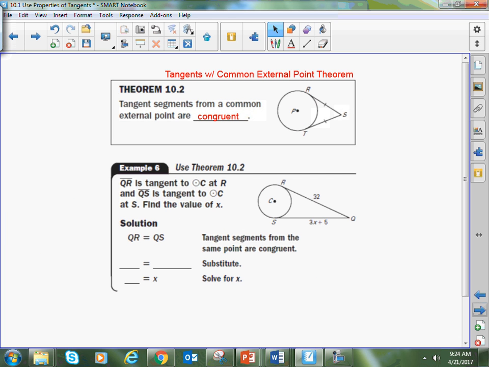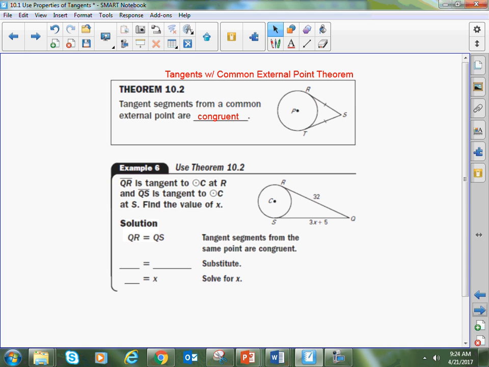Now the next property that we're looking at here for tangent lines is that we have tangent segments of circles that have a common point of intersection outside of the circle. And what we saw in our demonstration video, if you've gone and watched it, is that segments that share a point outside of the circle and are tangent to the same circle must be congruent to each other.